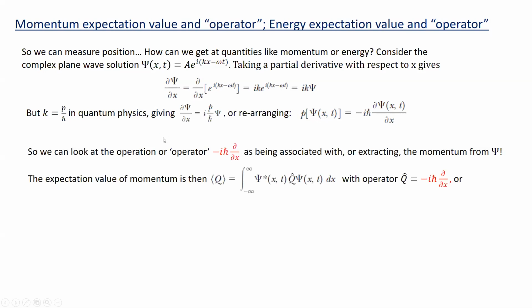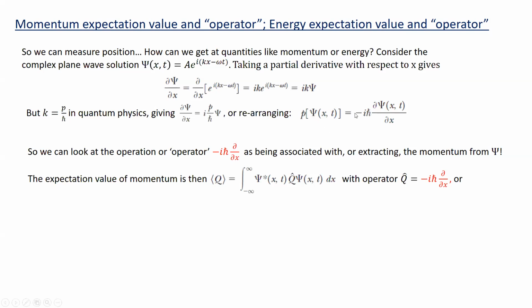So we can look at this operation of taking minus i h bar d psi dx, or so-called operator minus i h bar d dx. It's called an operator because it's waiting to operate on something. It's a derivative. It's waiting for a function to do something to, as being associated with, or really extracting the momentum from psi, as in this case.